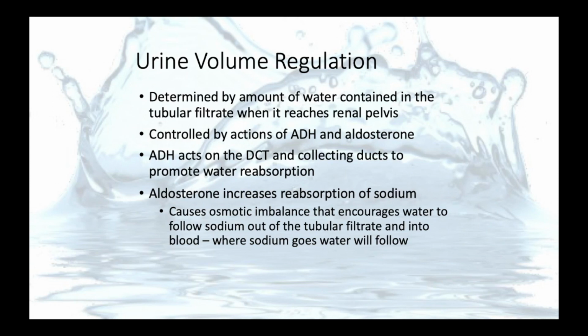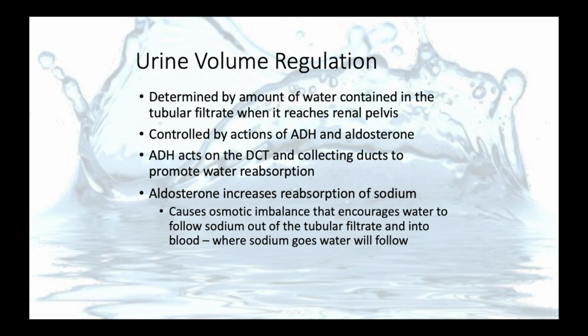So urine volume regulation is generally determined by the amount of water contained in the tubular filtrate when it reaches the renal pelvis. It's overall controlled by the actions of the antidiuretic hormone and aldosterone. The antidiuretic hormone acts on the DCT and the collecting ducts to promote water reabsorption.